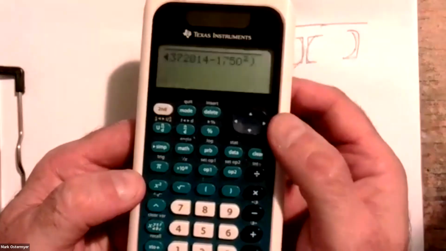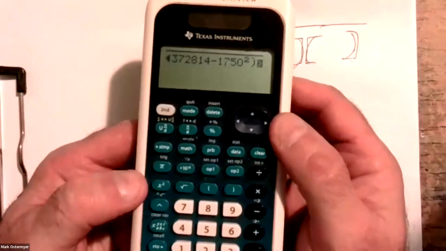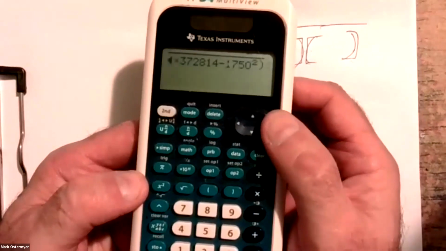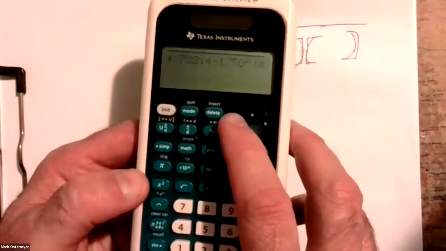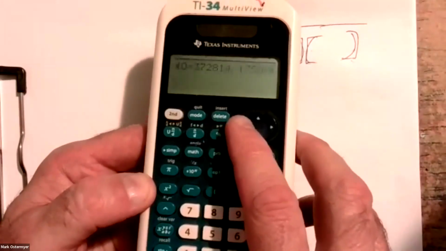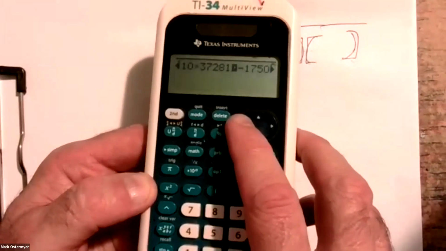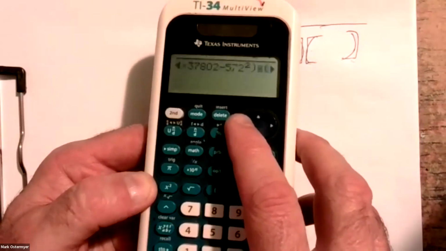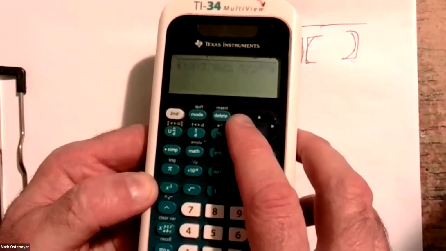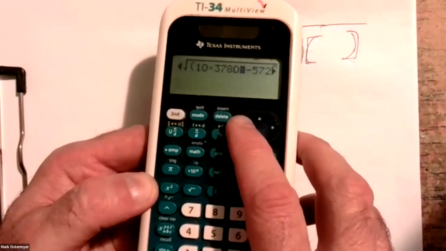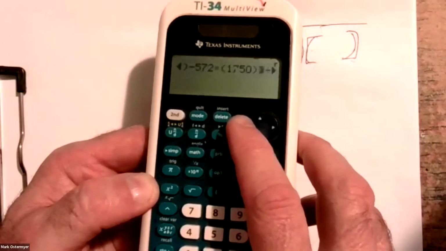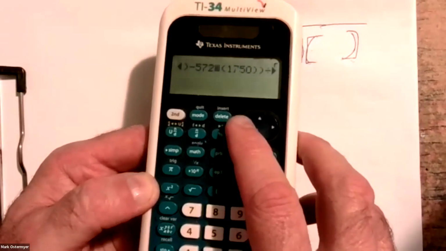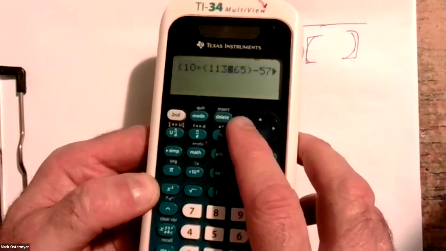And then you can hit your right arrow key to get out from underneath that square root. Now we're no longer underneath the square root. Ladies and gentlemen, we've typed our entire expression in, and I would scroll back through it to make sure that everything looks like it's been typed in properly. So we typed in the entire expression.